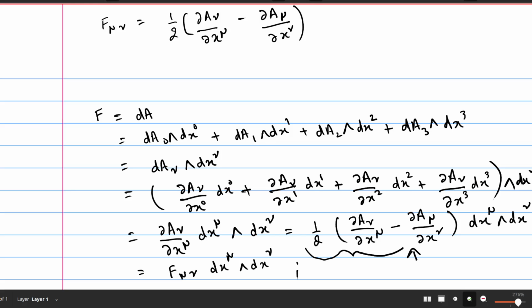Since this is antisymmetric, when mu and nu are equal, then this will be 0, of course.